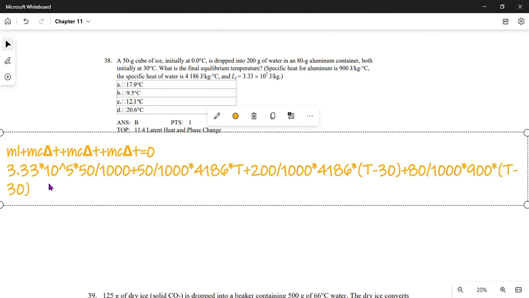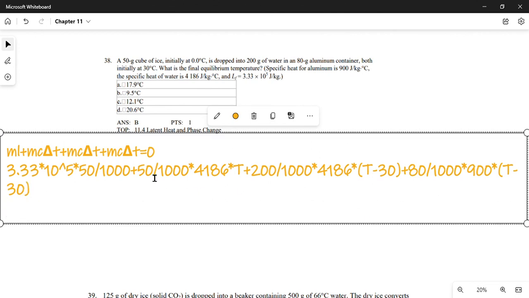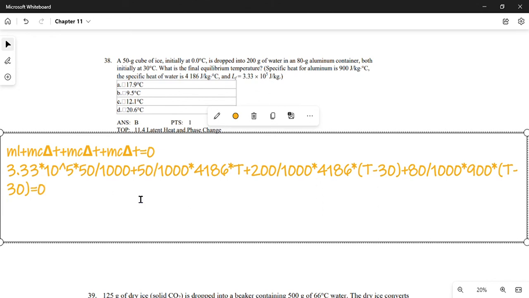Okay, it is a little bit big. All of this equals 0. You have to solve for T. After solving this big equation manually, I don't think that the calculator can solve it, so you have to solve it manually. So the answer will be approximately 9.5 degrees Celsius.